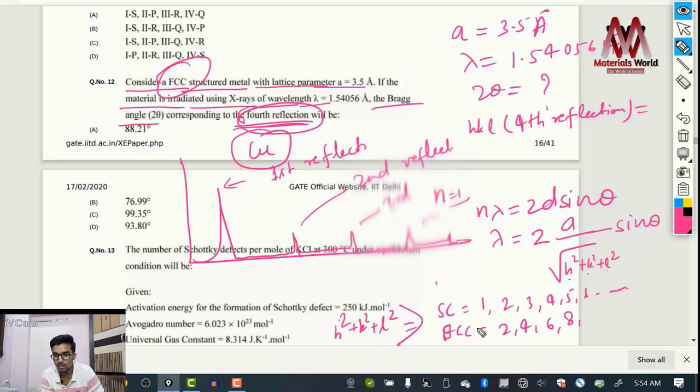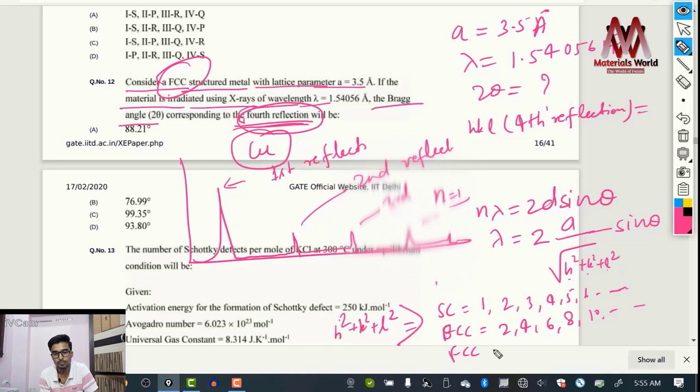Remember, I am not writing the ratio. In some standard textbooks it is written as the ratio, so BCC will be 1, 2, 3, 4, if we take 2 common. Otherwise the values are 2, 4, 6, 8, 10, and so on.